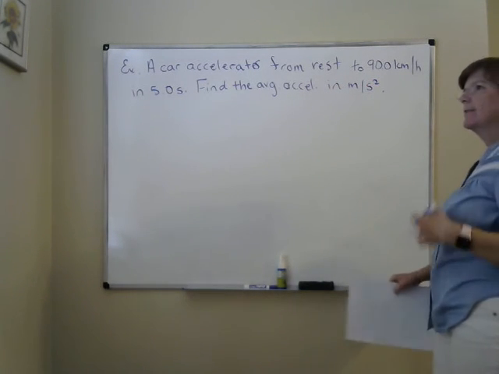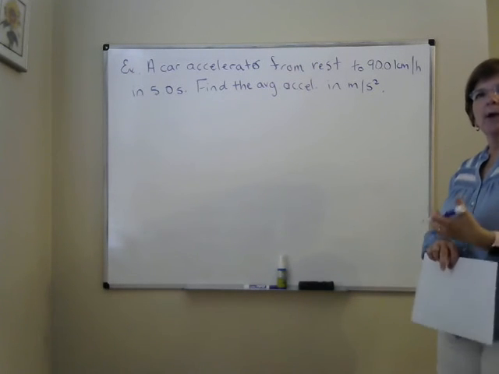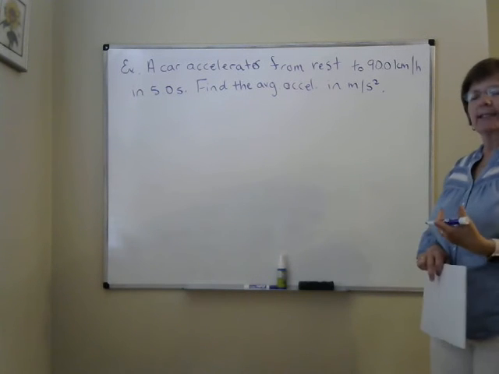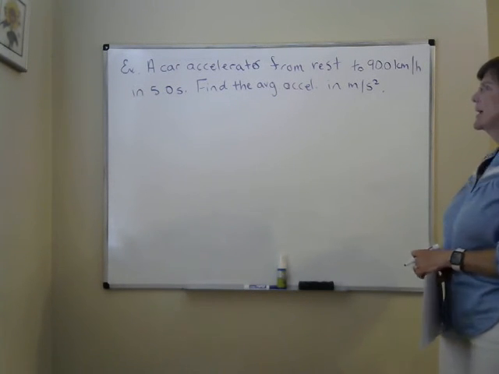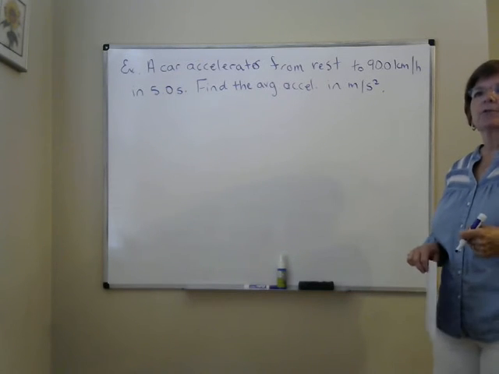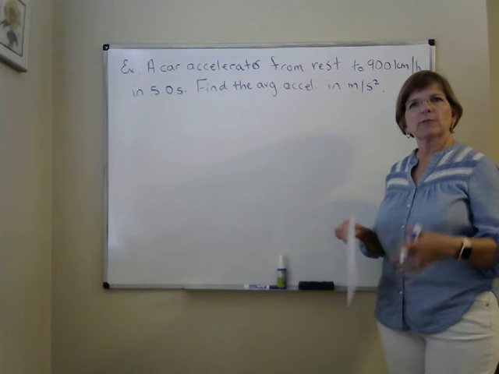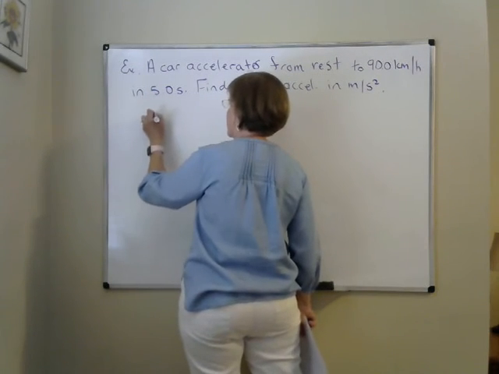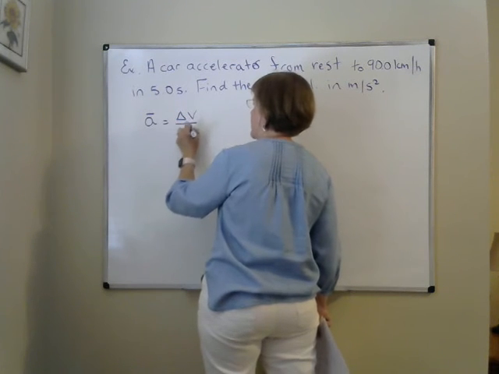Okay, we're going to have to deal with units in this problem. They've given me the velocity in kilometers per hour. They've given me the time for the acceleration in seconds, and they want the answer in meters per second squared. It is possible to talk about acceleration that's not in meters per second squared. I'll do that first. Average acceleration is simply change in velocity over change in time.